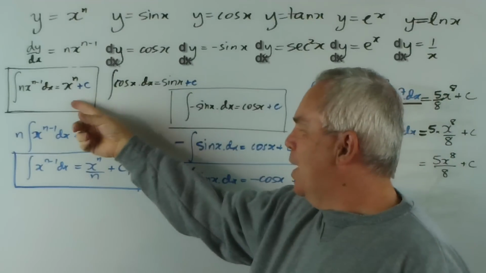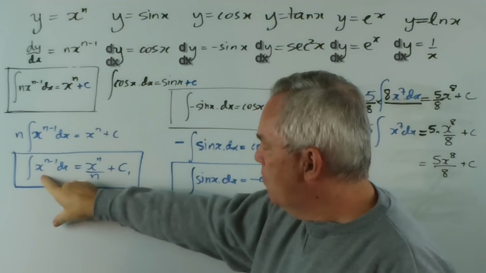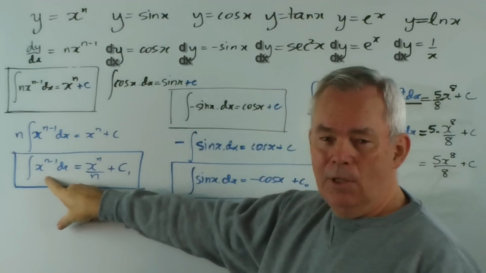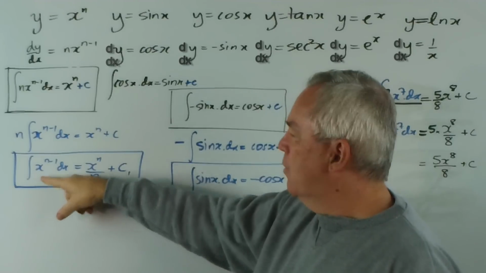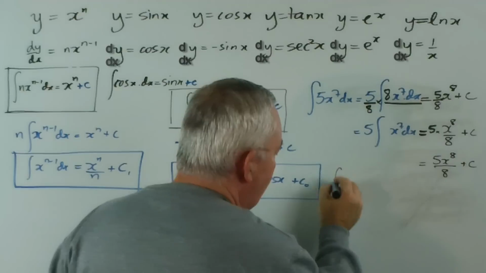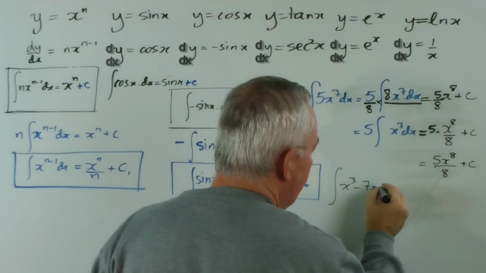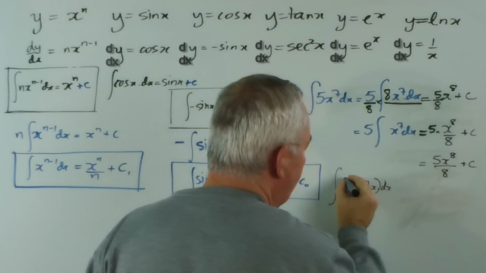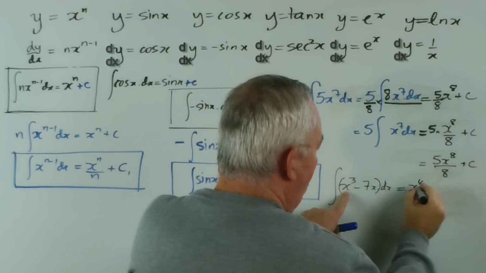So there's a certain attractiveness about this, but I must admit, in the case of powers of x, I use this frequently, simply because it's fast and it's something I've adopted, and I've overcome the problem of confusion. So if I'm integrating x cubed minus 7x dx, I would simply write x to the power 4 on 4.